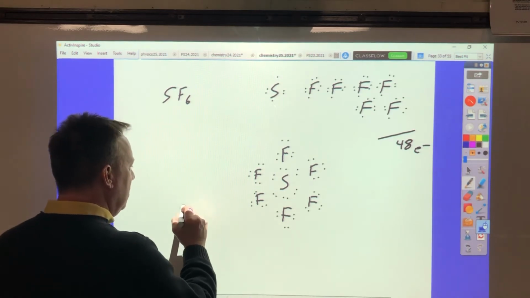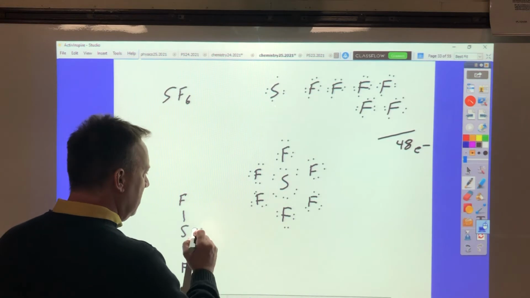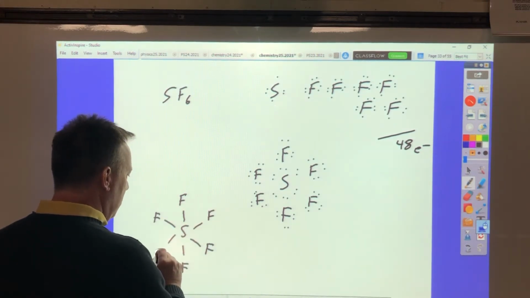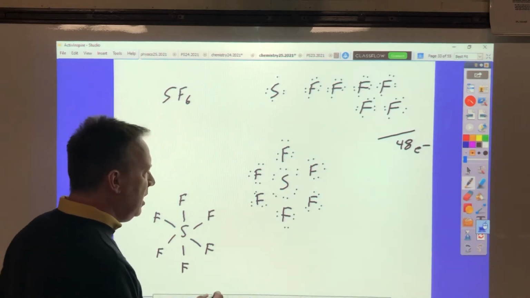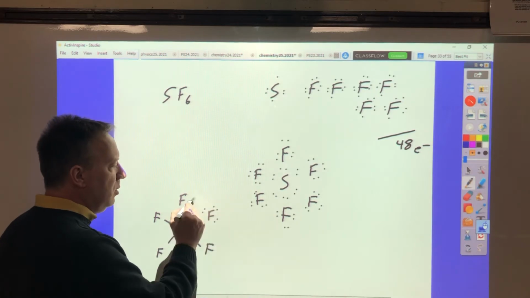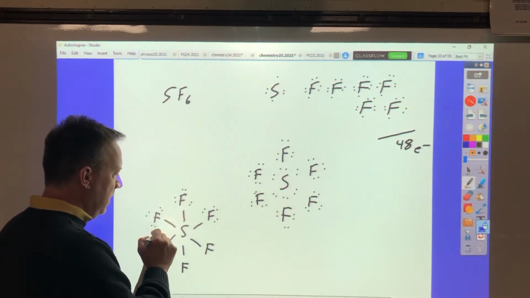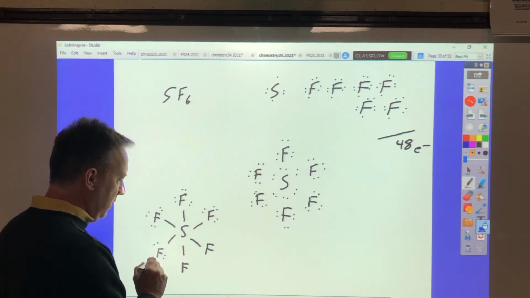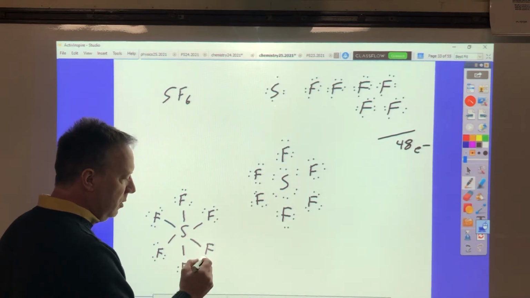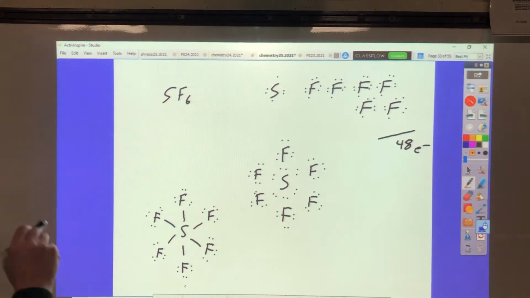So I have sulfur and six fluorines. Then make sure the fluorines each get 8: 2, 4, 6, 8. And that would be done.